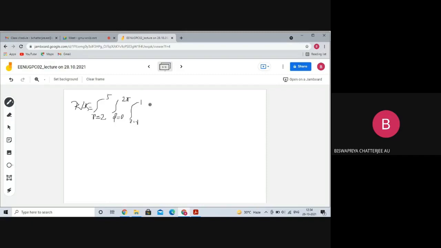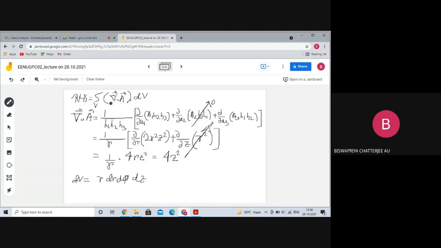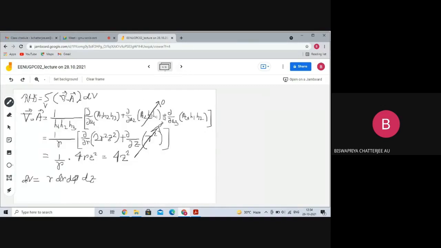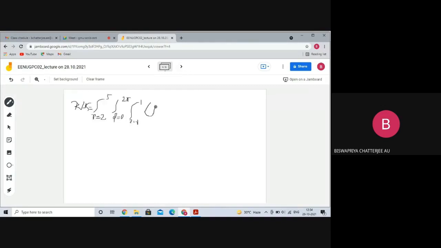So it is r dr, sorry, let me first write this del dot A term. So del dot A is 4z square, into this dV term.